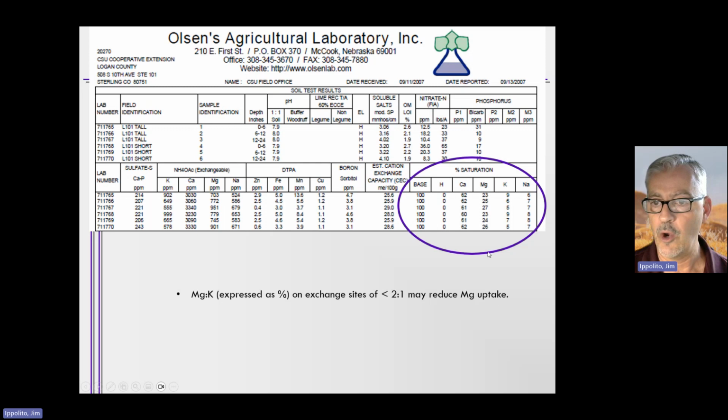So here we need to go back to this percent saturation and look at the ratio of magnesium to potassium. And are these ratios less than 2:1? No, they are not. This is greater than 2:1, certainly greater than 2:1, so forth and so on. So in this soil, we likely are not going to see an issue with magnesium. And I can tell you that there is not an issue with magnesium with respect to plant growth in this system because I've worked with these soils before.